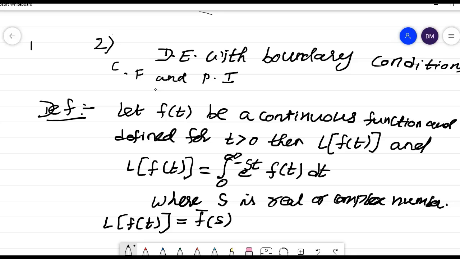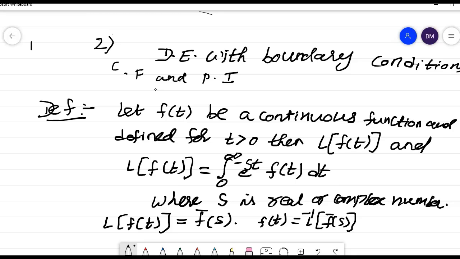This can also be written as f of t is equal to L inverse of f bar of s, right? Here f of t is called the inverse Laplace transform of f bar of s, right?